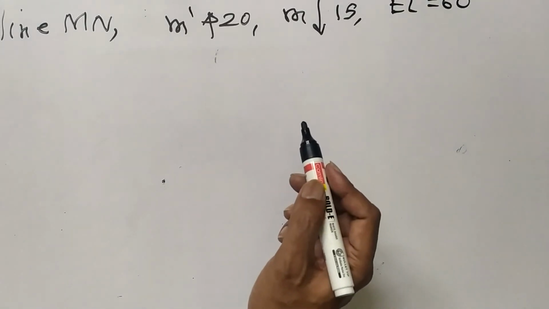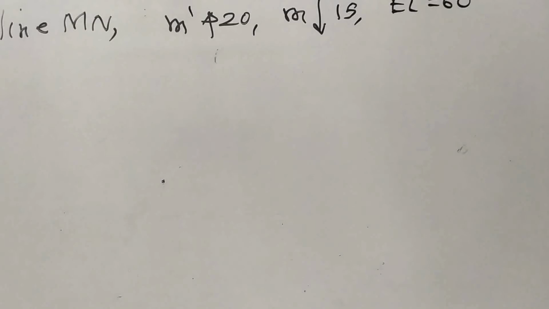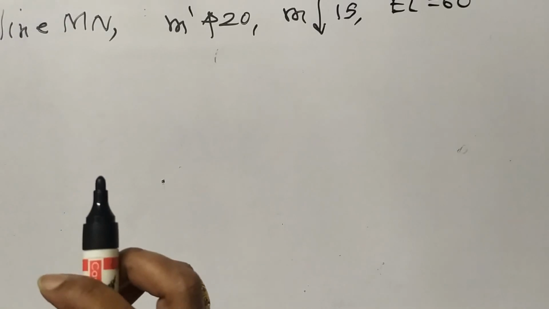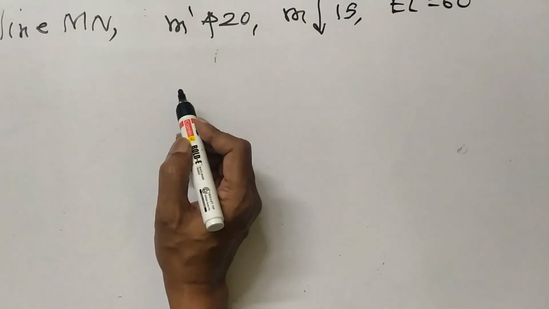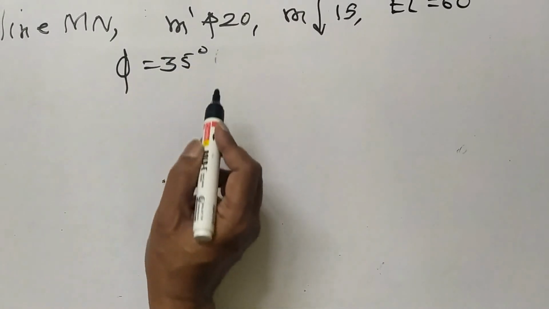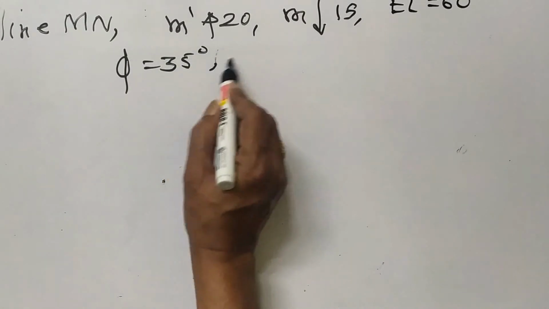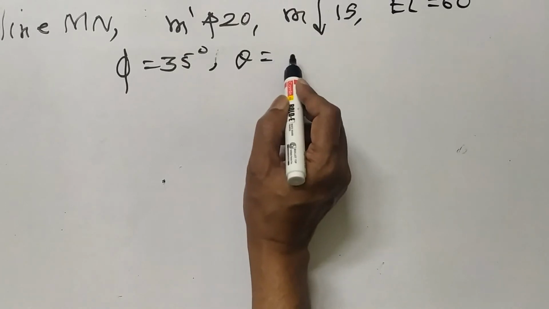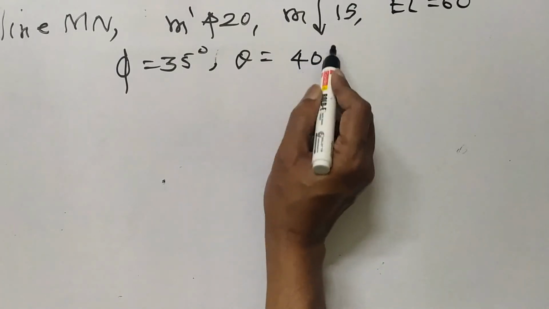The elevation of line MN measures 60 mm length, and the line makes an angle of 35 degree with VP, so phi is 35 degree, and 40 degree with HP, so theta is 40 degree.